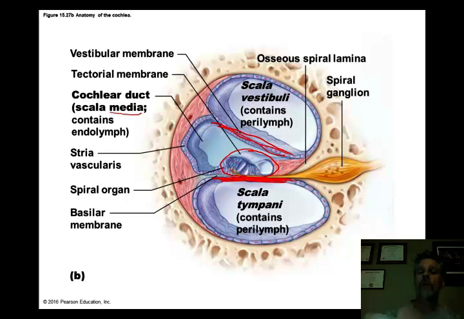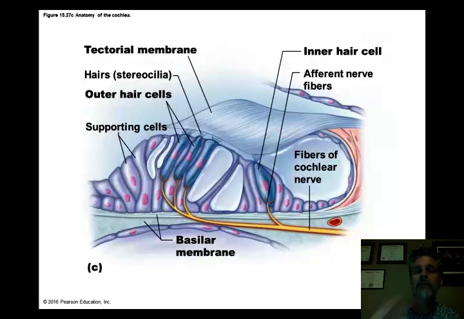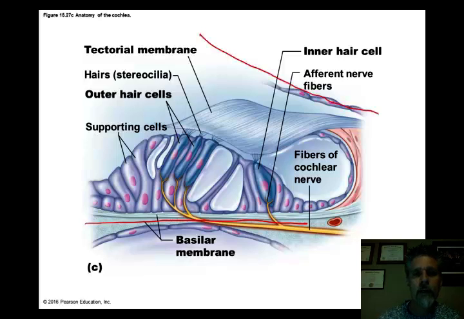Okay, so we're seeing the anatomy here inside of the cochlea. Now we're zooming up closer on that spiral organ, and we can see a few structures associated with that. So orienting ourselves, we have our basilar membrane again. Here is our vestibular membrane cutting off at an angle. But notice with that spiral organ, we have this tectorial membrane that's sitting on top of it.